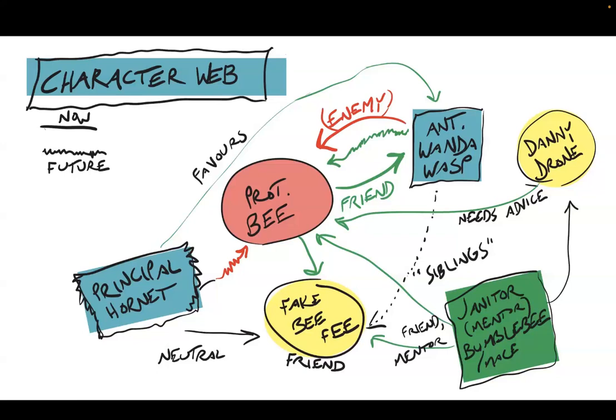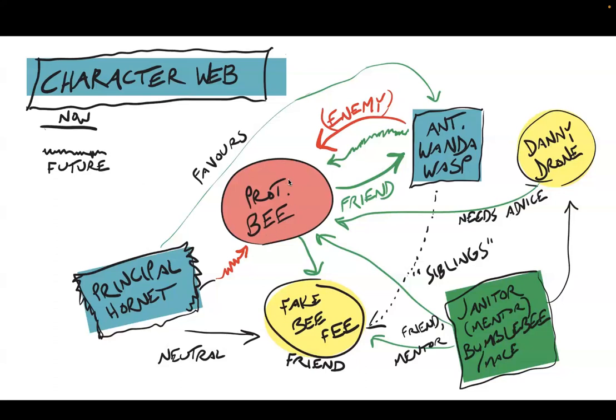So we have the protagonist, whose name is, surprisingly enough, Bee. And then we have, I think, her best friend, who is Bee, who's not a real bee, but a fake bee. There are fake bees.